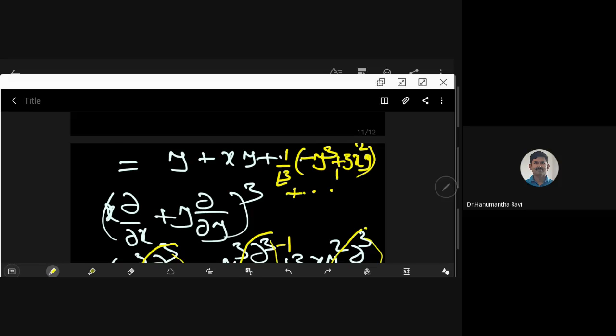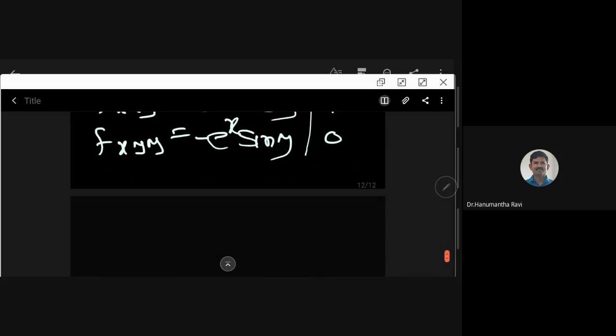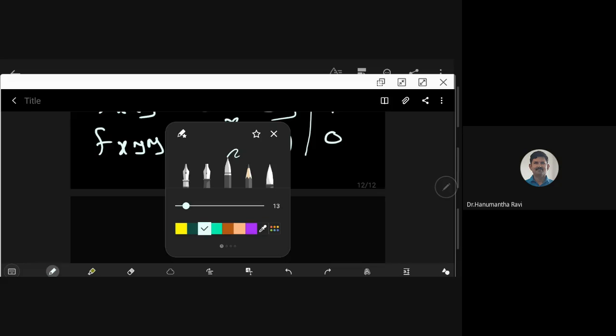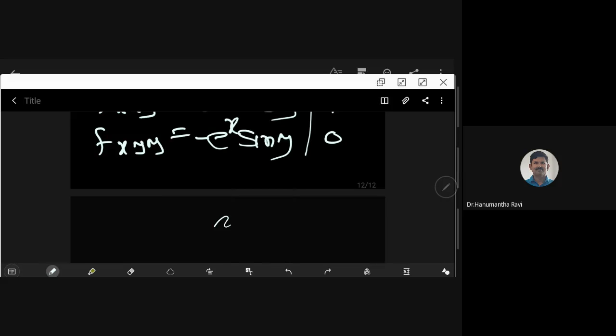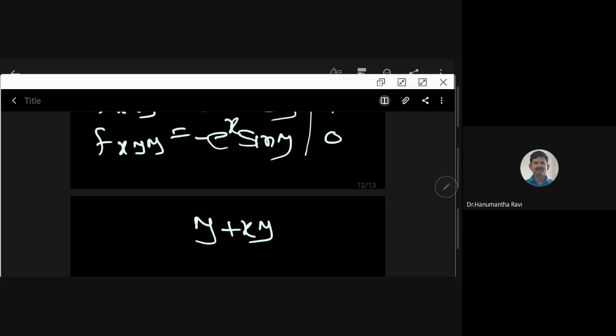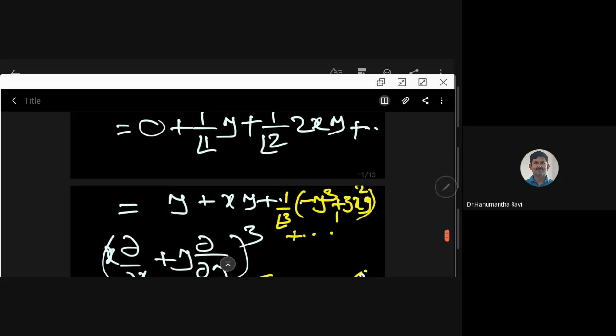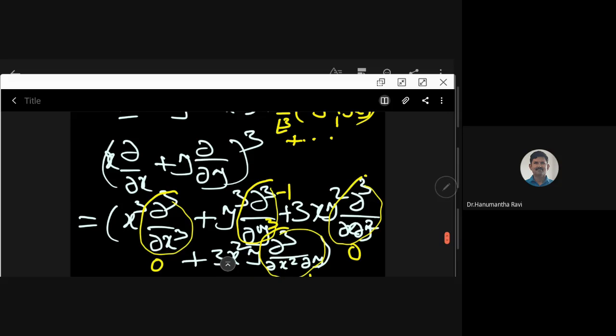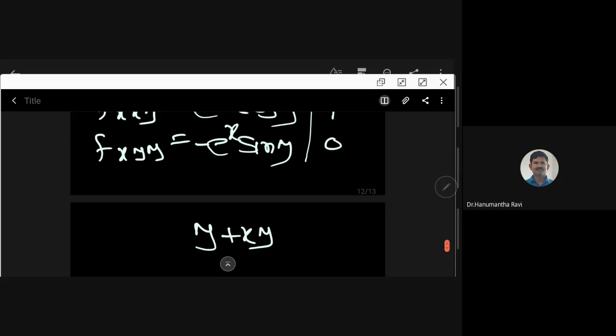So what we are getting is y plus xy plus minus 1 by factorial 3, that is 1 by 6, minus y cube by 6.